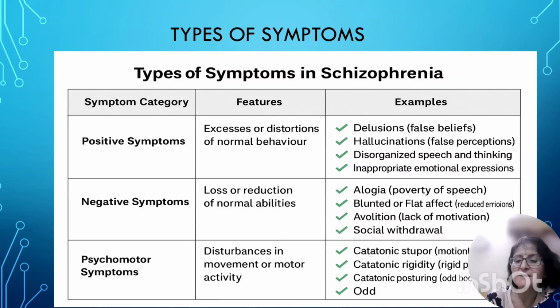If the person is experiencing this type of symptom, what is it, particularly what type of delusion? Is it delusion of persecution, delusion of reference, or delusion of control? So you have to be very clear. I tried my level best to explain, but if you have any doubt, please write in the comment section.